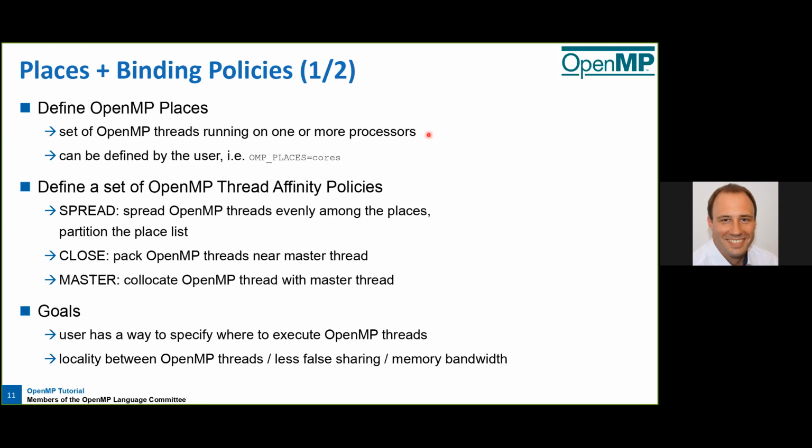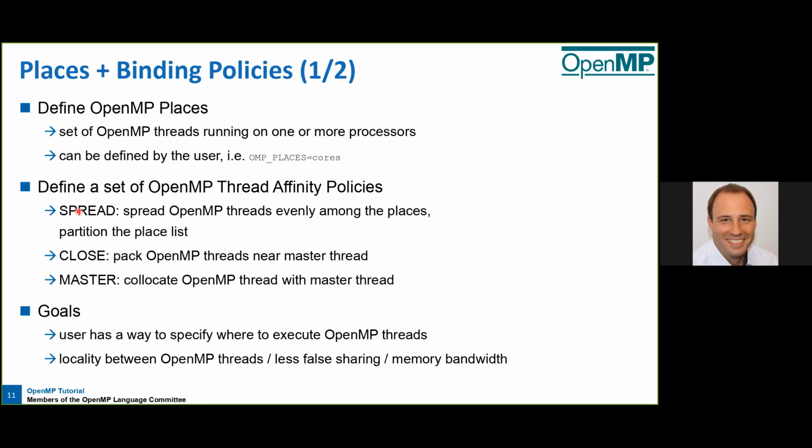And you can define the places, more on that on the following slide, and then apply 3 thread affinity policies to actually bind the threads to the places. Indirectly, you bind to the cores, but in OpenMP, you deal with OpenMP places. There are 3 thread affinity policies. The first one is called spread, similar to what I showed on the previous slide.